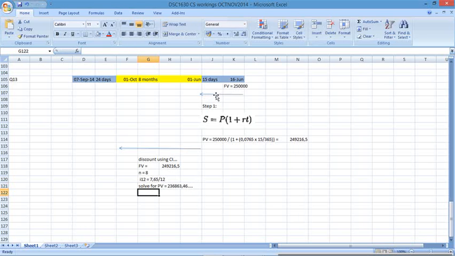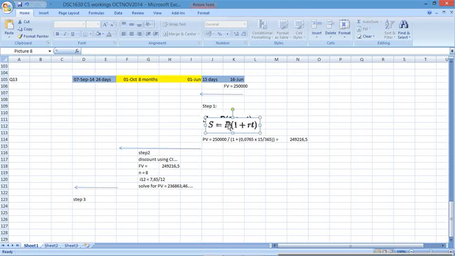And then the last step, actually that was step number 2. The last step, step 3, is to then move it back using simple interest again.